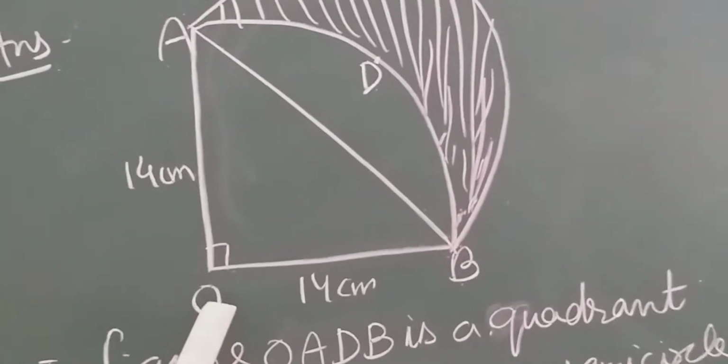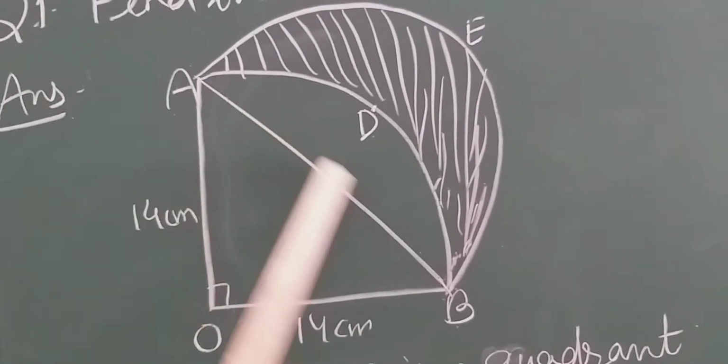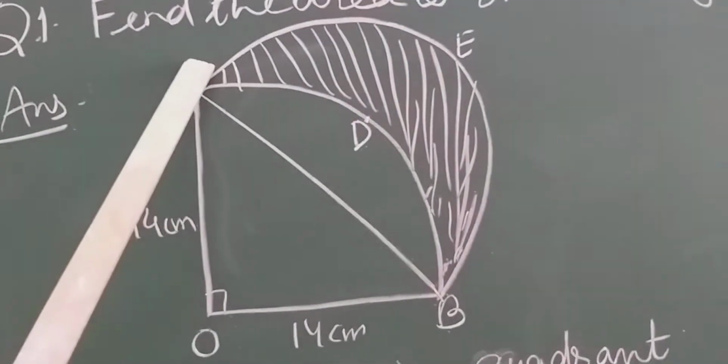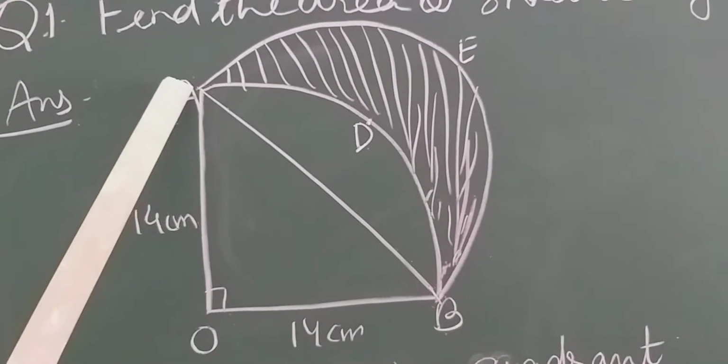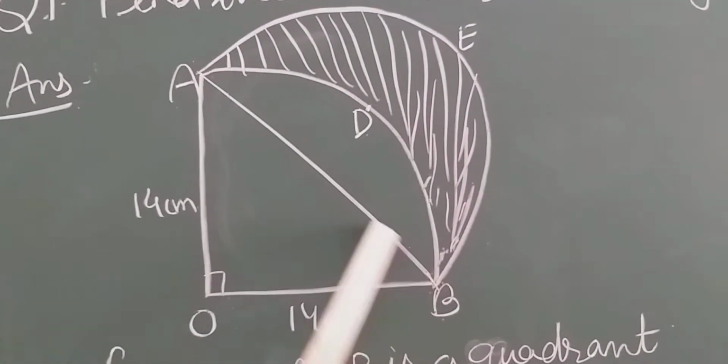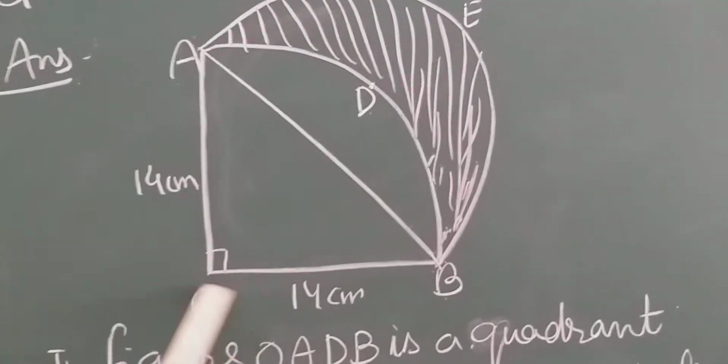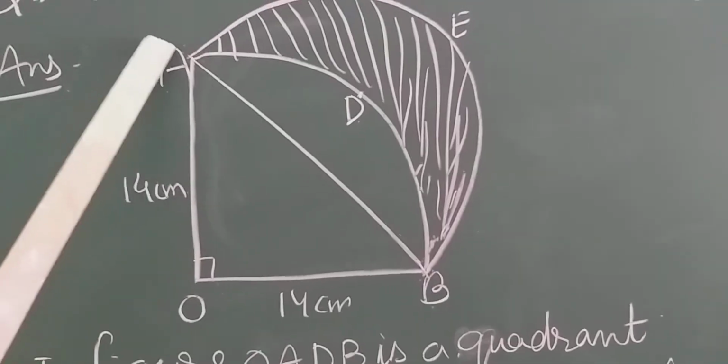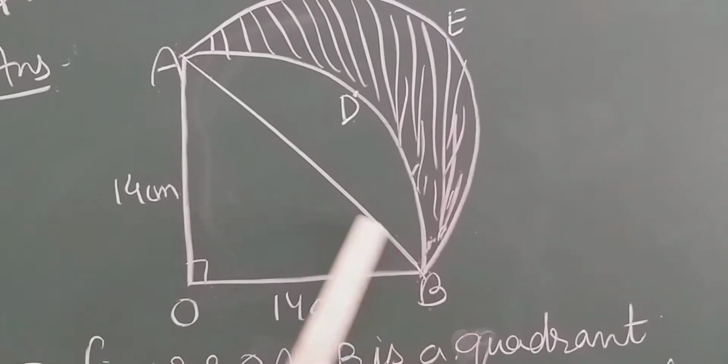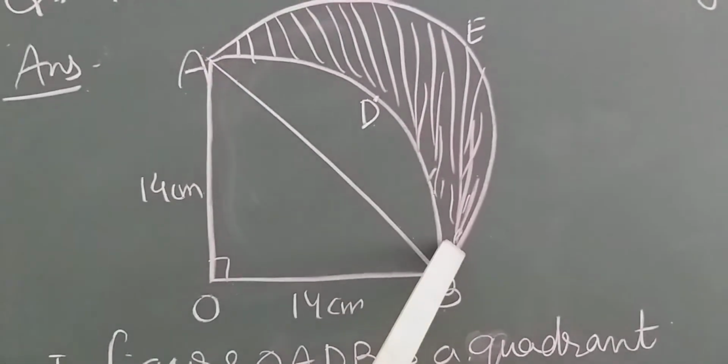Now we have to find the diameter of the semicircle. If we calculate the hypotenuse of this triangle, then it will be the diameter of the semicircle.